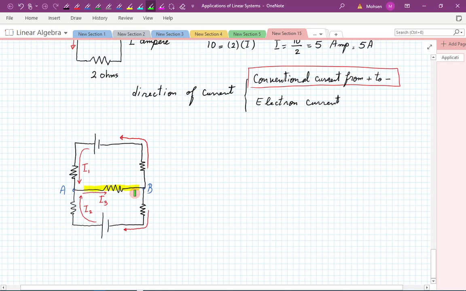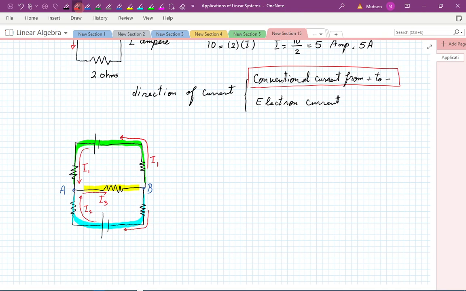And the same issue in this one. In this blue branch, also the current is the same from beginning to end. So if you're designating this one to be I2, this one should be designated I2 as well.